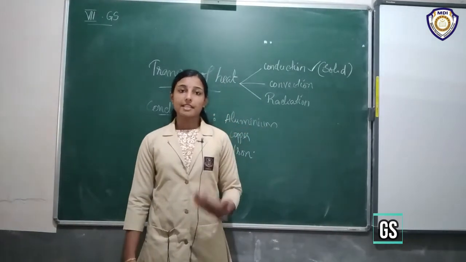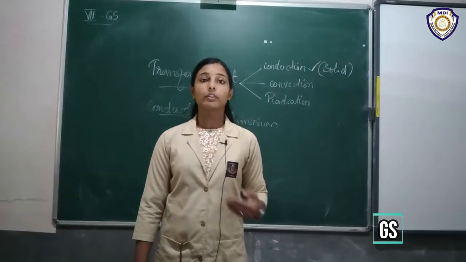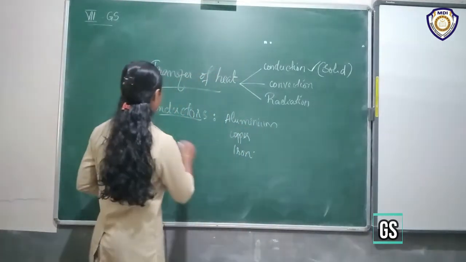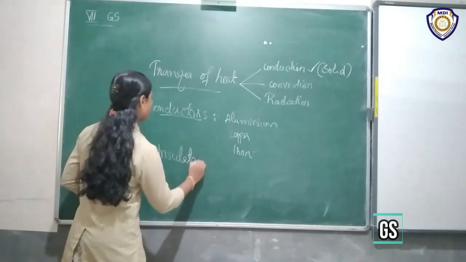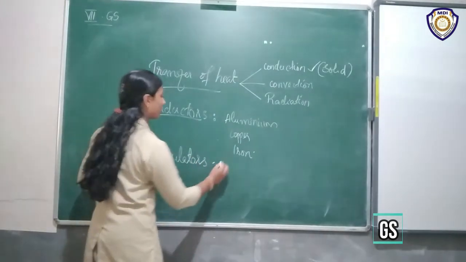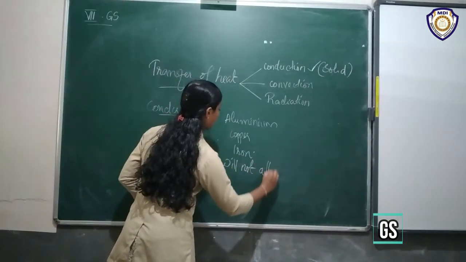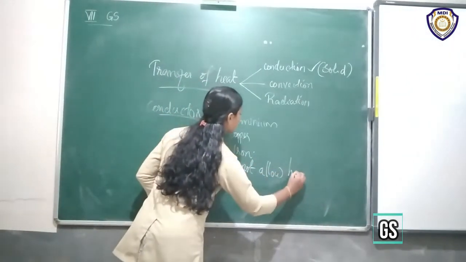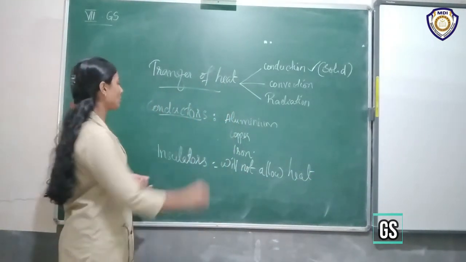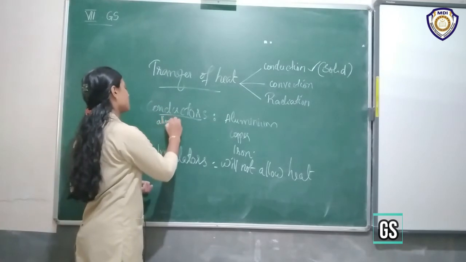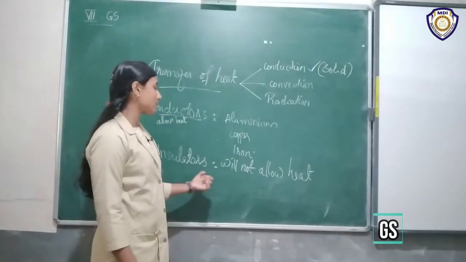Okay, and the materials that will not allow heat to pass through them are known as insulators. Insulators will not allow heat to pass through them. Conductors allow heat to pass through them, and insulators will not.